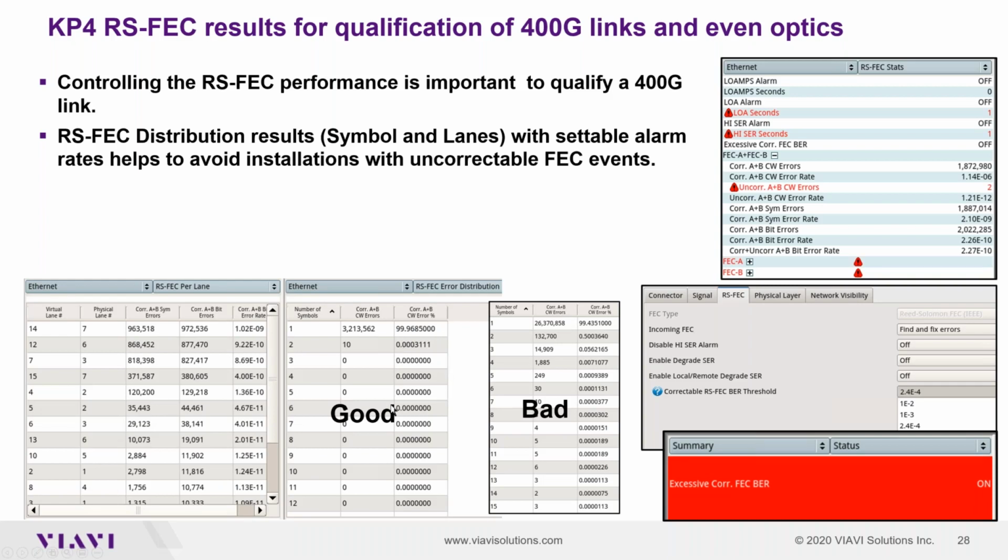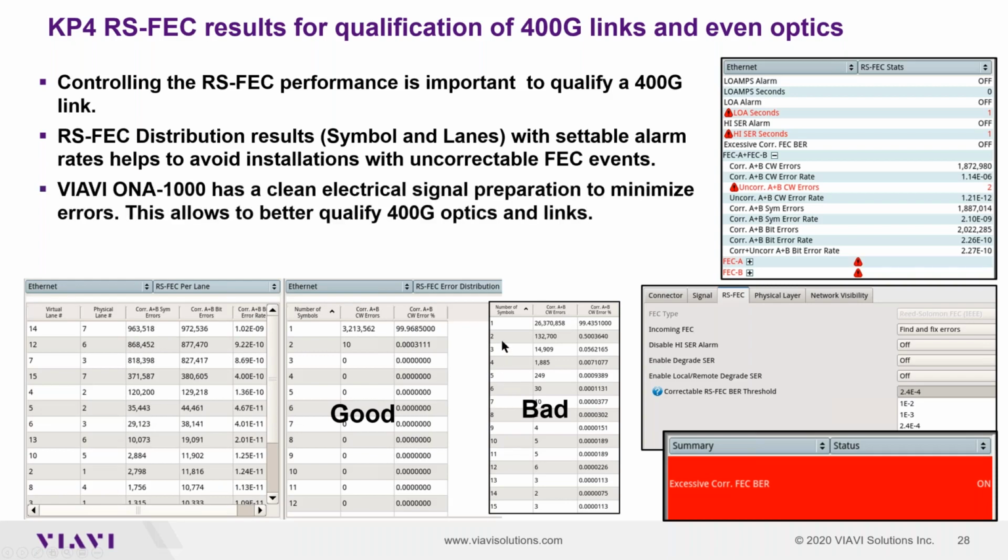Viavi has a division which manufactures lab tools for manufacturing of optics and for system manufacturers, and they have a lot of experience. And they told us, yes, if it's 3, 4, 5 symbols errored, you should already take care and look at how you can improve this. Our portable test tool is the Viavi ONA1000, and it has a clean electrical signal preparation.